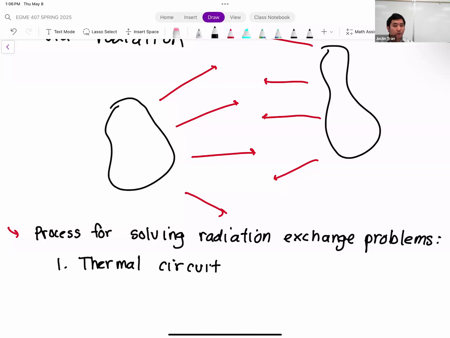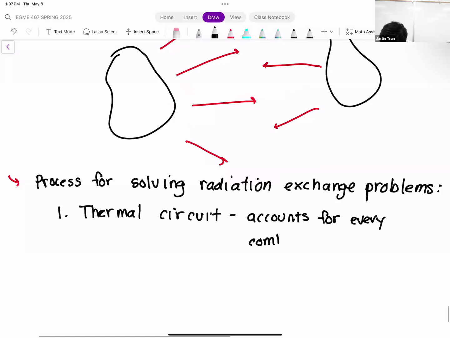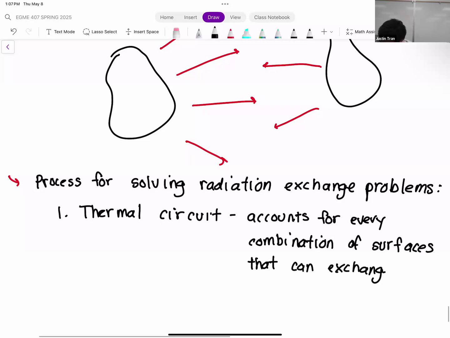Because radiation can go in all different directions, you need to account for every single combination of different surfaces that can exchange heat in your situation. And in the example that we're going to do, you're going to see that process played out.